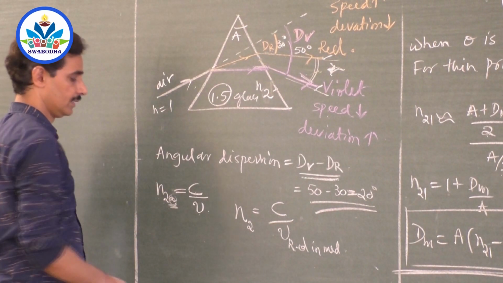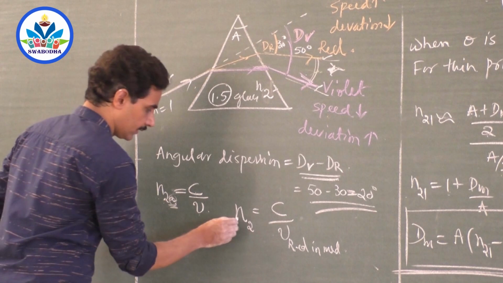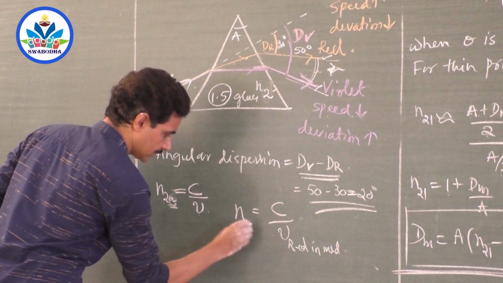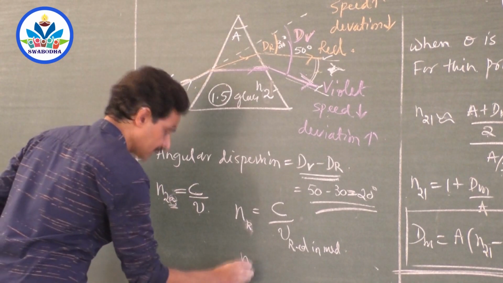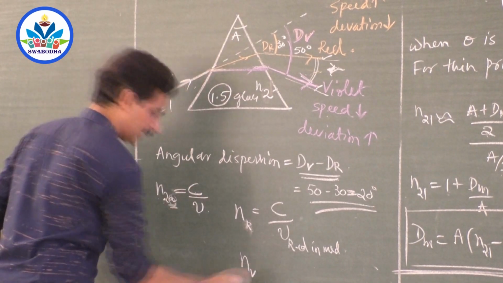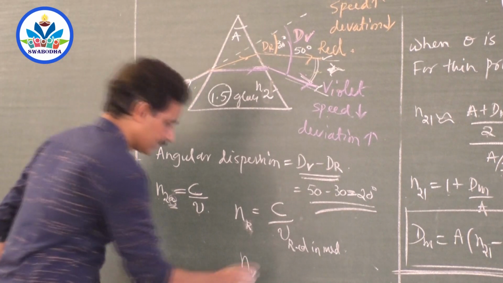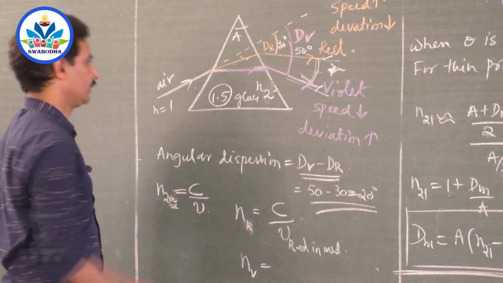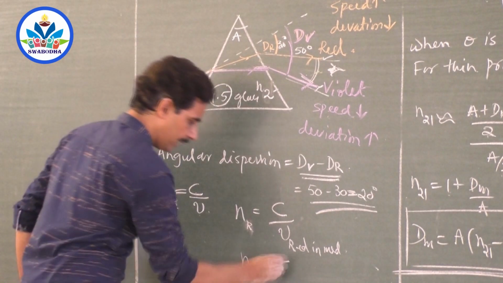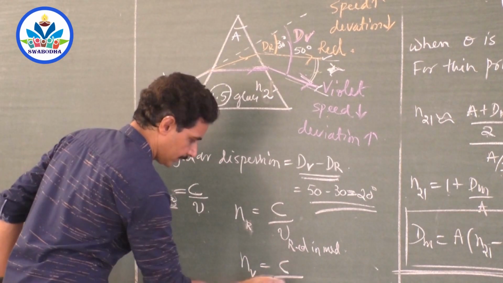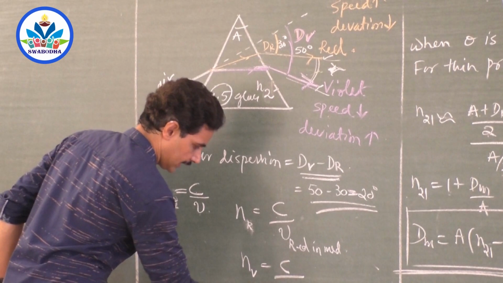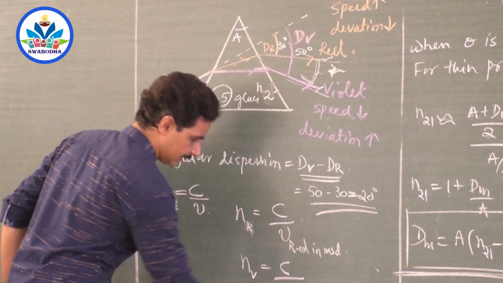So I will write refractive index of that medium with respect to red color. You ask violet color, refractive index of the same medium with respect to violet color. Violet will say, sir, refractive index of that medium is my velocity in air, that is C, all colors travel at the same speed in air, divided by my velocity, that is velocity of violet in the medium.